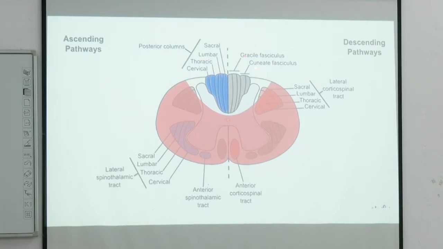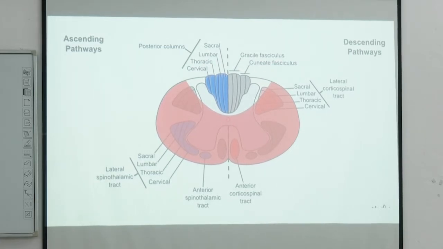The medial fibers are called the gracile fasciculus, and the lateral ones the cuneate fasciculus. The cuneate fasciculus is lateral, for the thoracic and cervical fibers, and the gracile fasciculus is medial, for the sacral and lumbar fibers. So this zone is the posterior column.